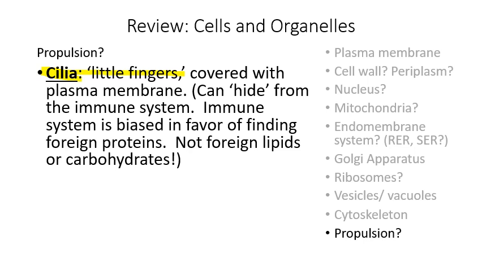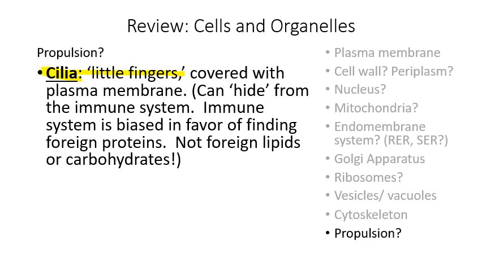Now, the human immune system is very good at recognizing foreign proteins that are present on an invading protist, for instance. But the cilia are made of basically microtubules that move around, and they're covered up on the outside by a phospholipid bilayer.